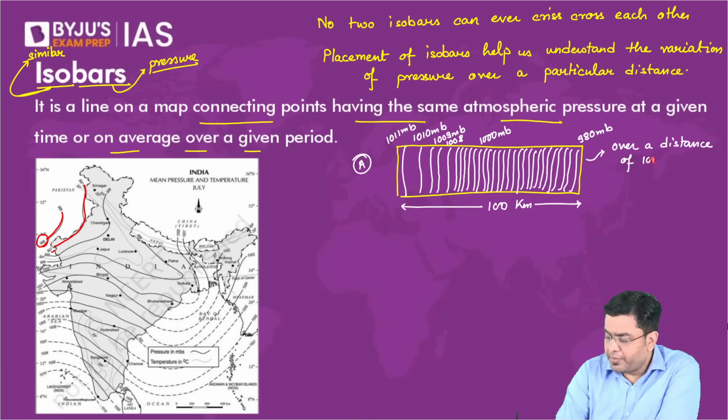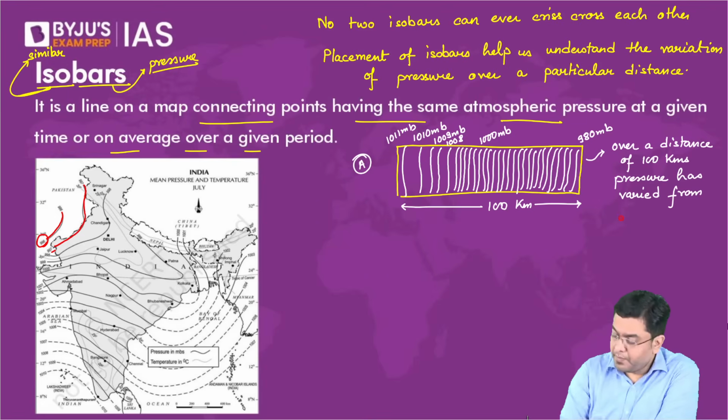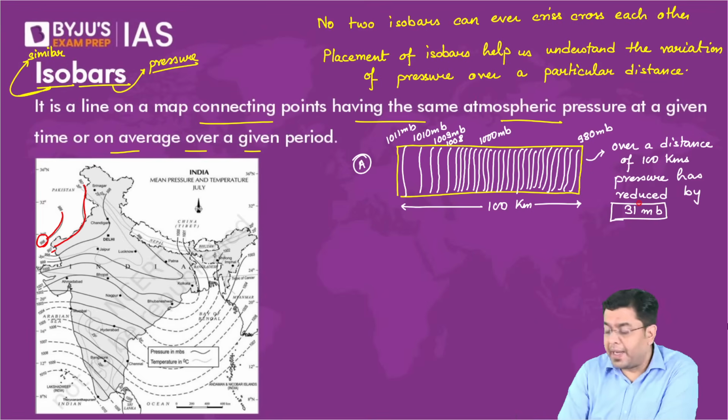So over a distance of 100 kilometers, the pressure has reduced by 31 millibar. That 31 millibar I gained by subtracting 980 from 1011.